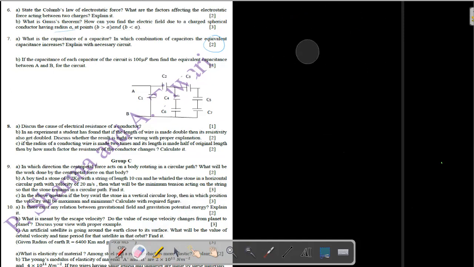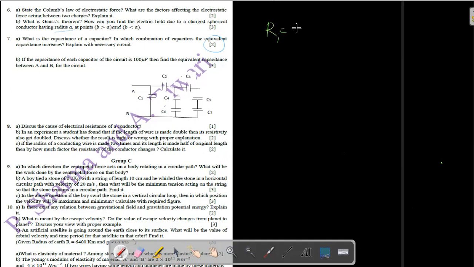Now let us move to another question, 8c. If the radius of conducting wire is made 2 times and its length is made half of the original length, then by what factor does the resistance of the conductor change? Let us calculate first.